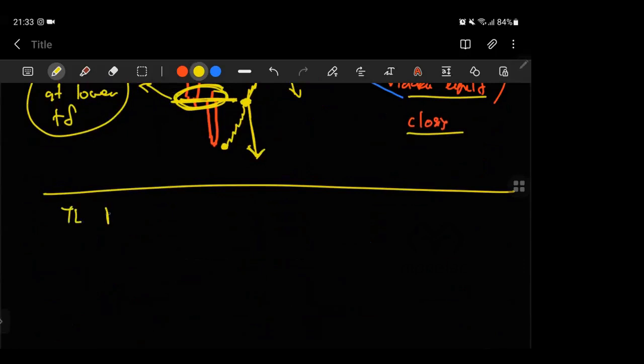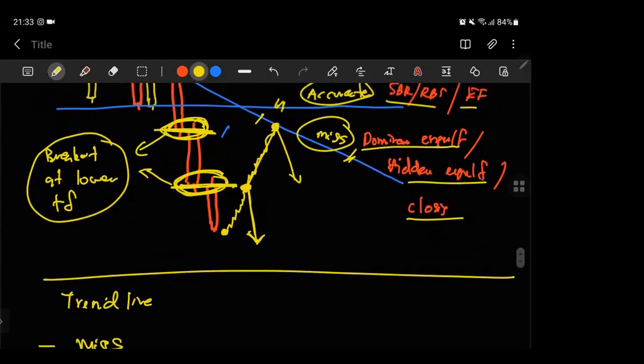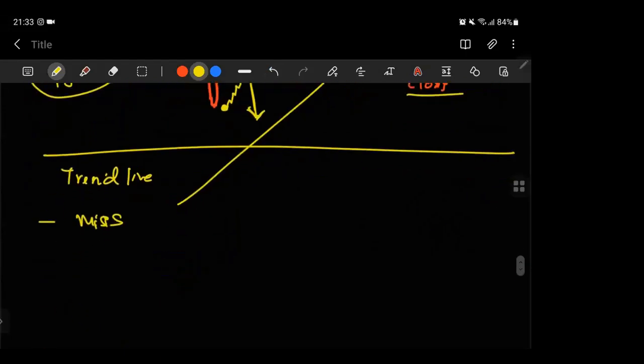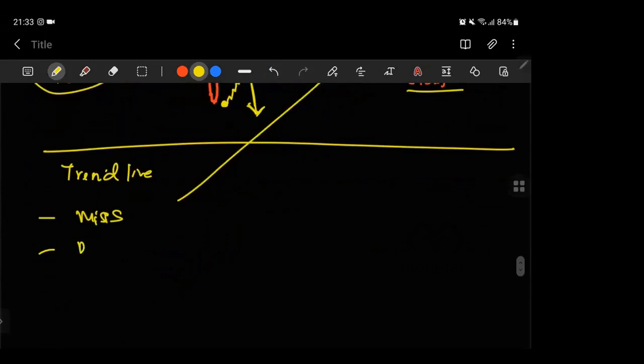For the trend line part, I actually use two types, which is the miss trend line, something like this, and the divergence.